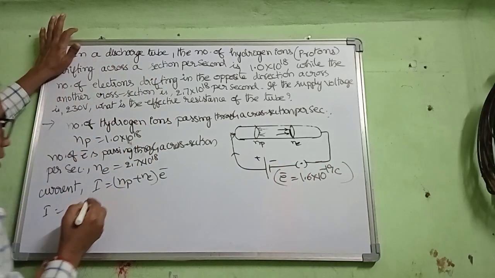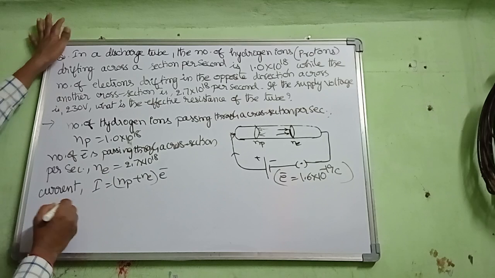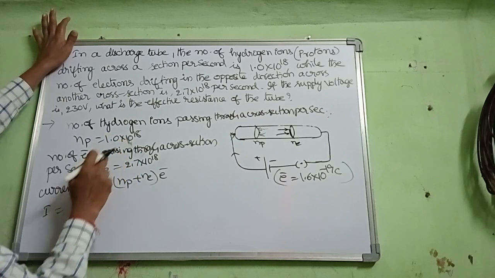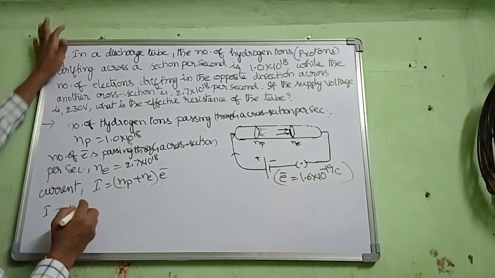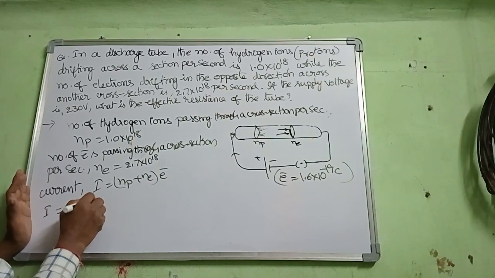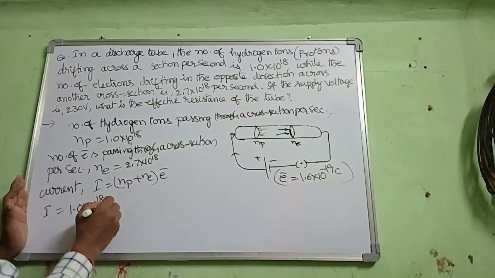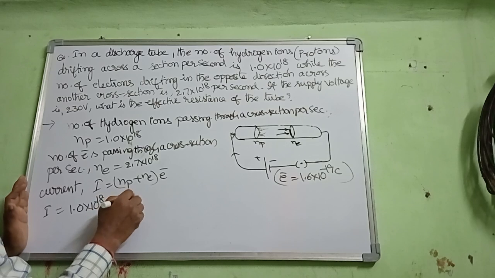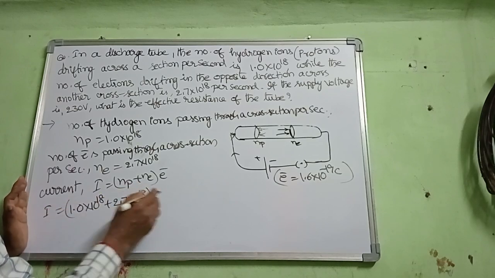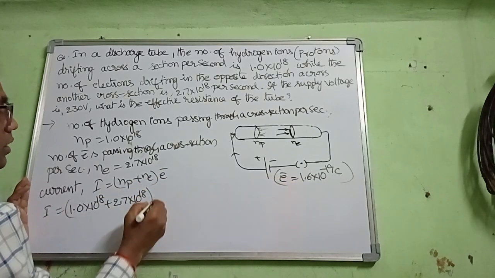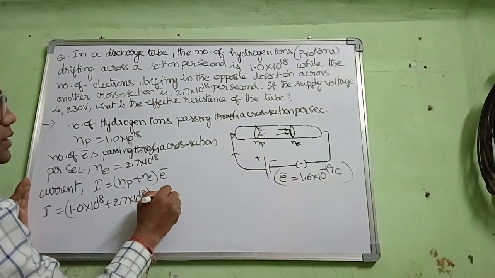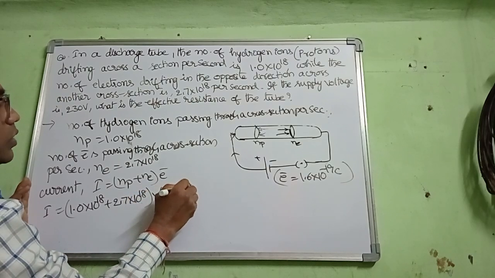Substituting, I equals (1.0 into 10 power 18 plus 2.7 into 10 power 18) into 1.6 into 10 power minus 19 coulomb.